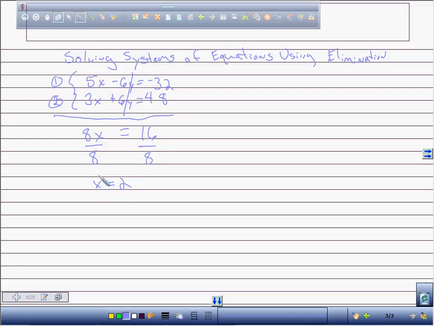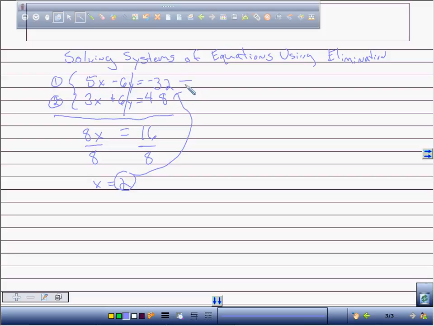Now I do still need to find y. So I take my x and plug it back into either of the two original equations. It doesn't matter which one you use. So let's plug x back in here.